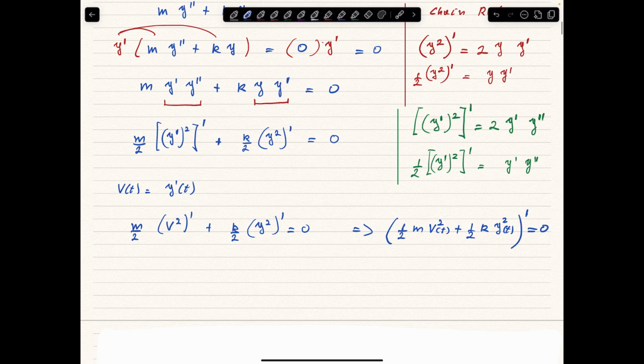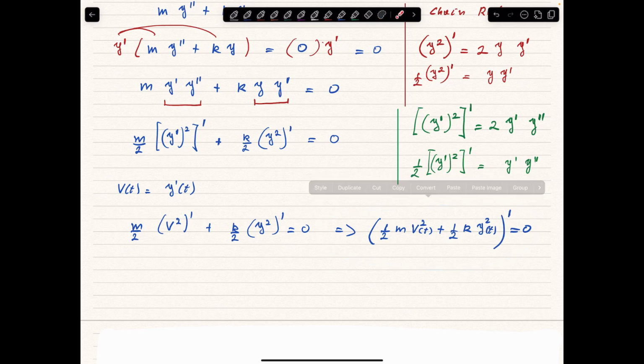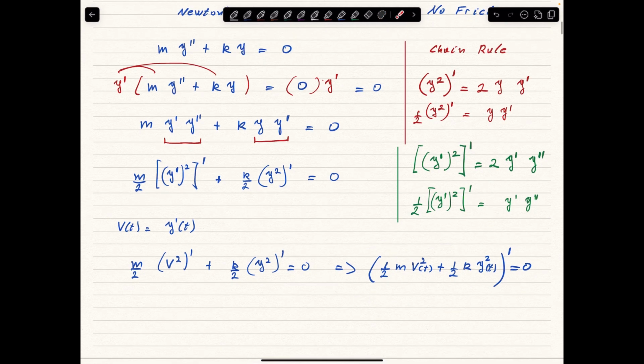So the solution of the spring, the function y that describes the spring, because it satisfies Newton's equation of motion, also satisfies this equation.